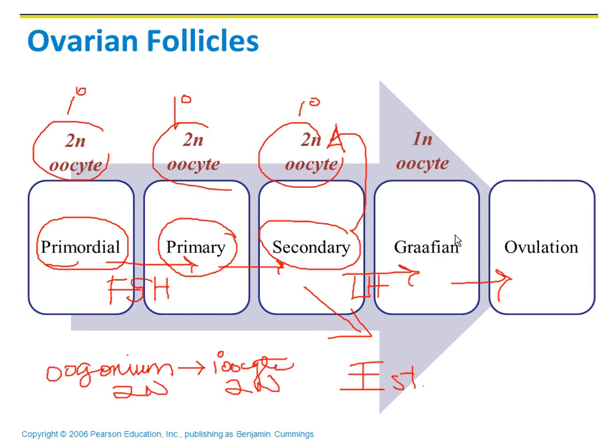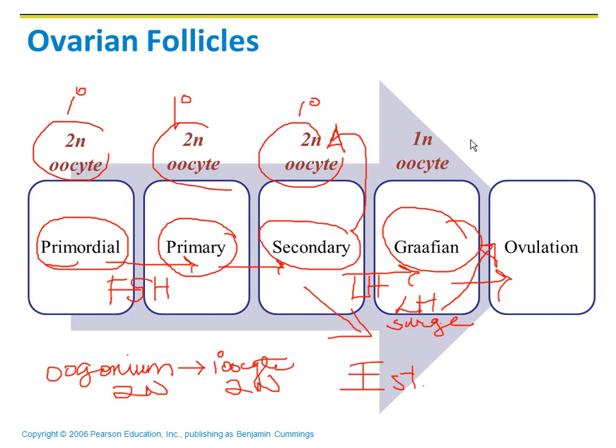So the point at which you have a follicle that's gigantic and ready to rupture, that's called a Graafian follicle. And right after we get a Graafian follicle, we get a huge surge in estrogen, which causes a surge in LH. It's even called the LH surge. That gigantic spike in LH is going to trigger this event, final maturation and ovulation.